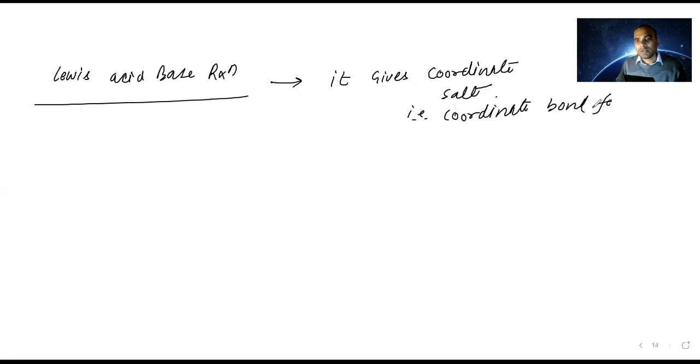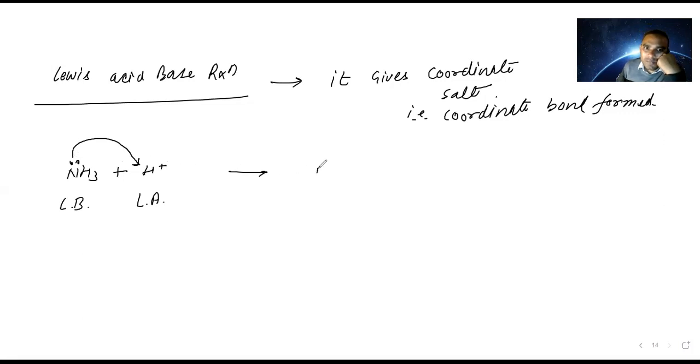Let's have a look. Suppose I am talking about NH3. It is the Lewis base, LB, because it has a lone pair of electrons. This is H plus. This is the Lewis acid. Why? Because it is positively charged. So NH3 is going to donate these 2 electrons.